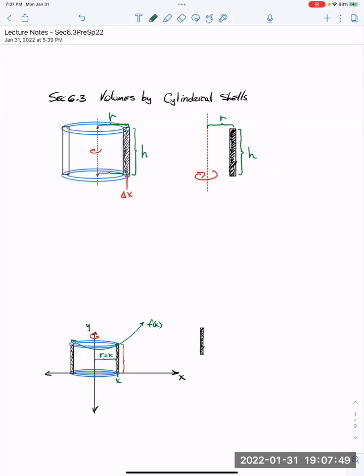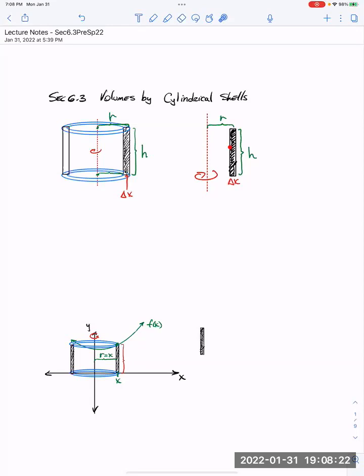Now, the other thing to realize here is that since you're partitioning the x-axis, which is normally horizontal, this little distance from here to here is delta x. If this is a thickness delta x, then there's a radius that goes to the outer edge of delta x and a radius that goes to the inner edge.